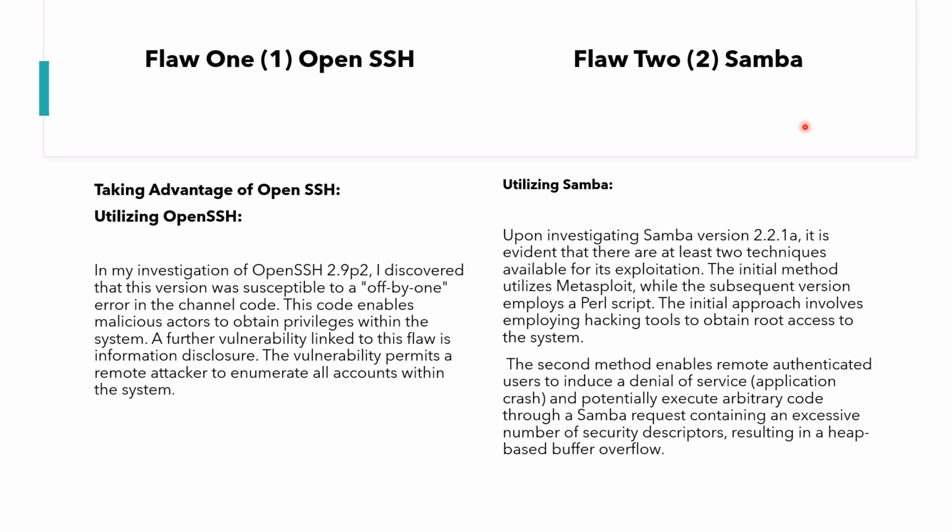The initial approach involved employing hacking tools to obtain root access to the system. The second method enables a remote authenticated user to cause a denial of service application crash and potentially execute arbitrary code through a Samba request containing an excessive number of security descriptors, resulting in a heap-based buffer overflow.